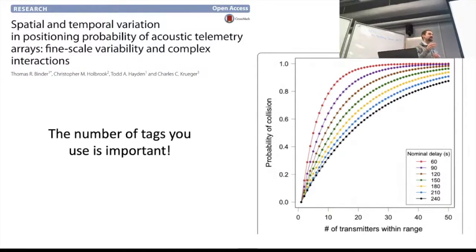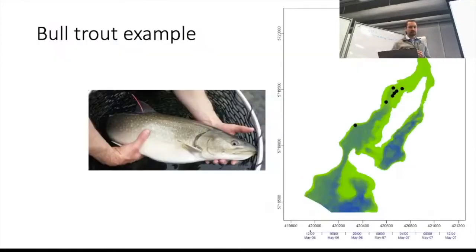And so they try to maximize the data you get per tag, but then you as a researcher are going to have to decide what's feasible. And so I want to give you an example of this. This is a lake-river entrance, so this is the lake here, and these animals are going to be moving between this lake and the river up there. Each black dot is a bull trout that we've tagged.